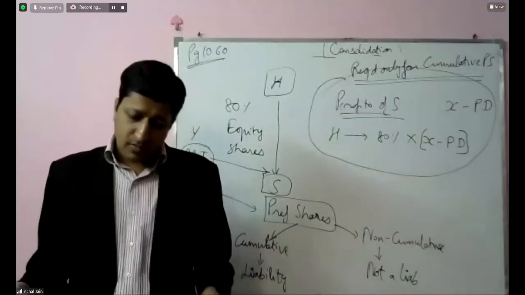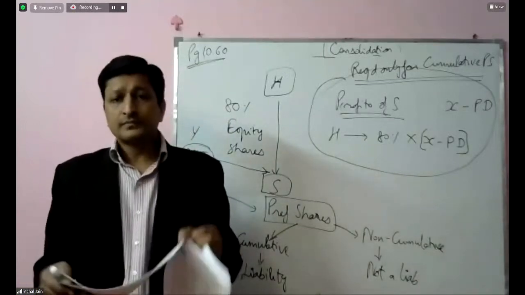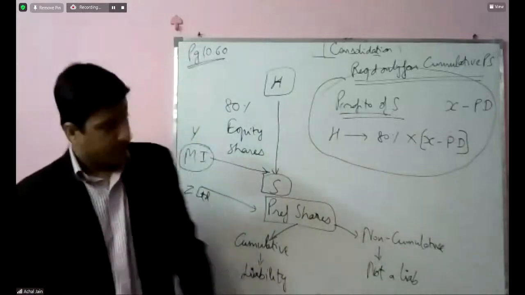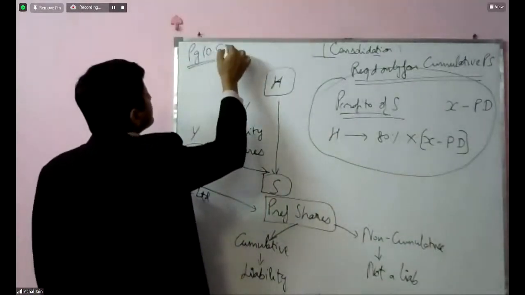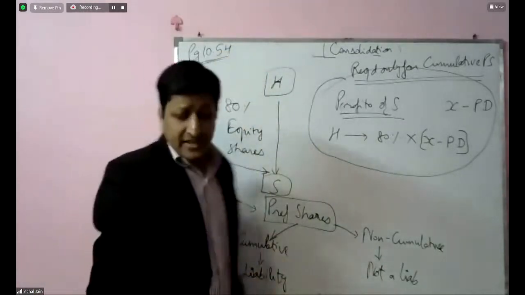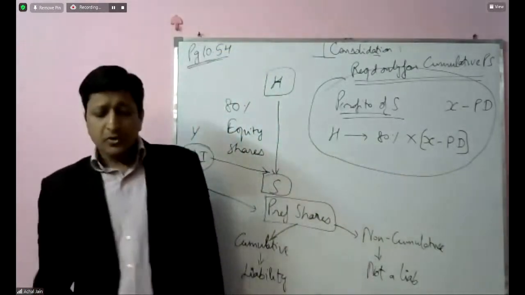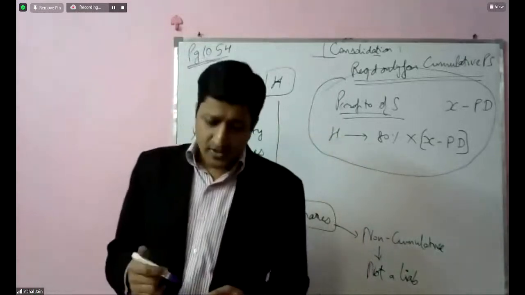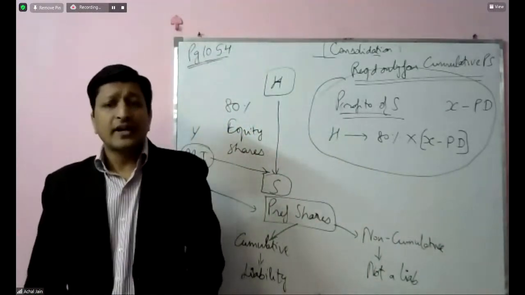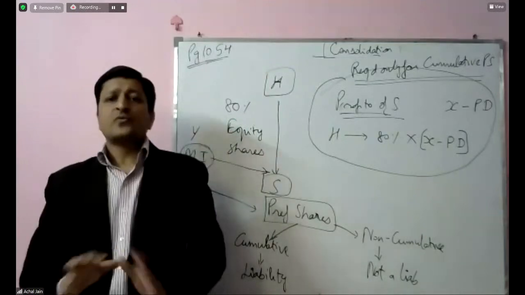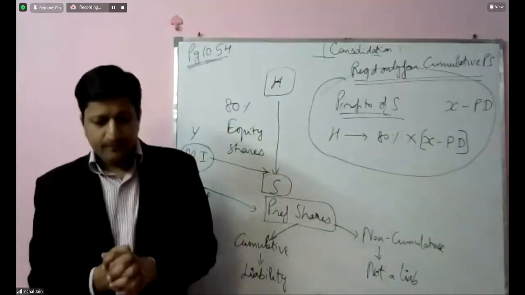You can go to page number 10.54. Therein, a concept of consolidated cash flow statement has been discussed. And here again, we don't need to get into the preparation of consolidated cash flow statement.